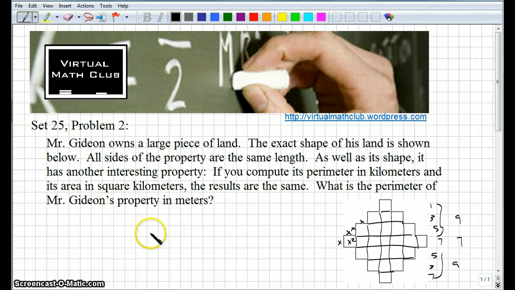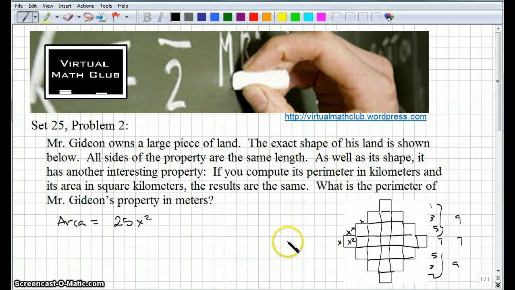So the area, let me just write that out here, area of the property is equal to 25x squared, right? So it's 25 times the x squared would give you the total area of the property, okay? Alright, so now let's figure out what the perimeter would be.